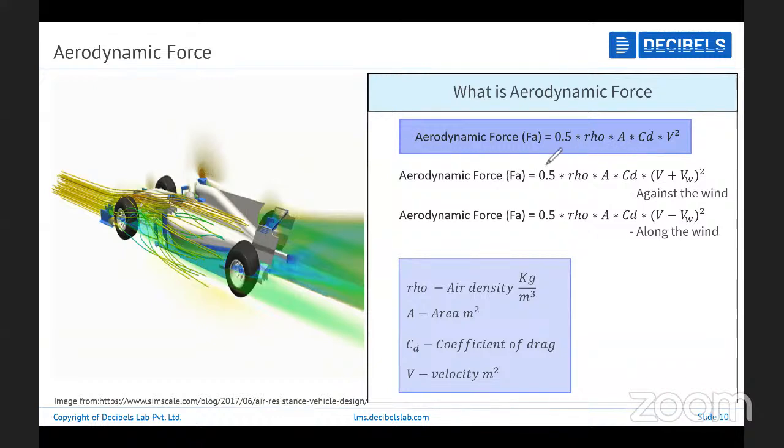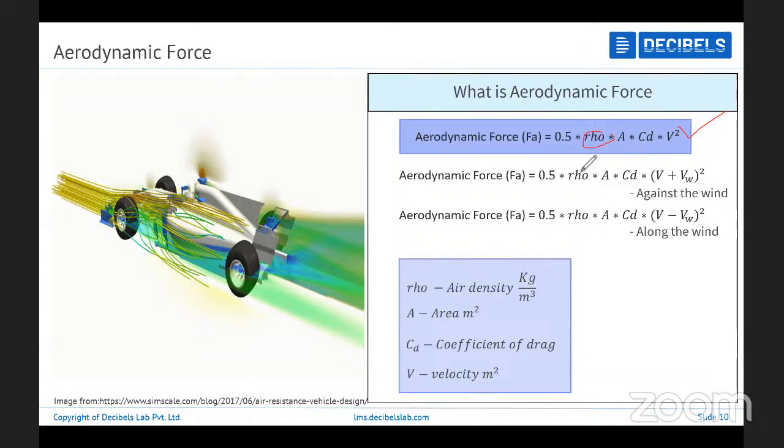You can see that most of the equation components are directly proportional. This is the equation: aerodynamic force equals 0.5 rho A Cd v squared.